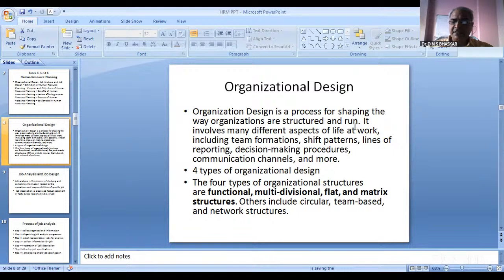The structures are the functional structure, multi-divisional structure, flat structure, matrix structure, and also circular structure, team-based structure, network structures, and so on. In the case of the functional structure of organization, the organization is arranged on the basis of function. That basically talks about the production function, marketing function, finance function, and so on.